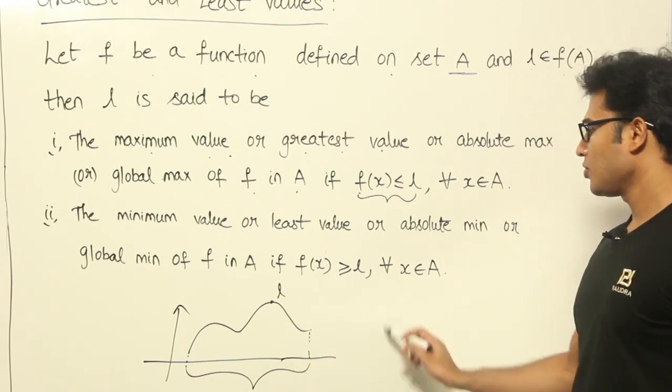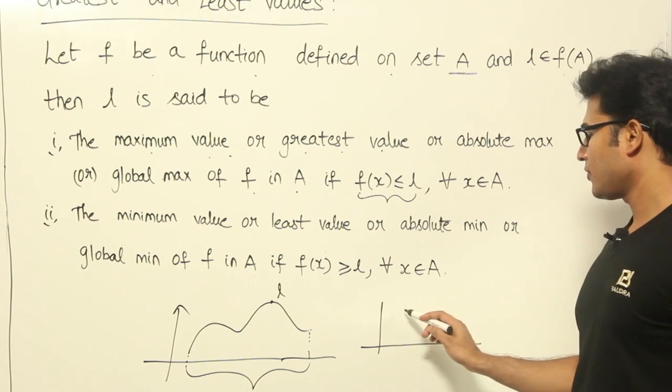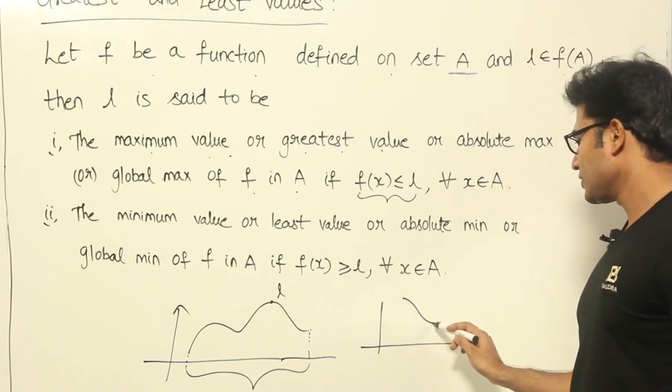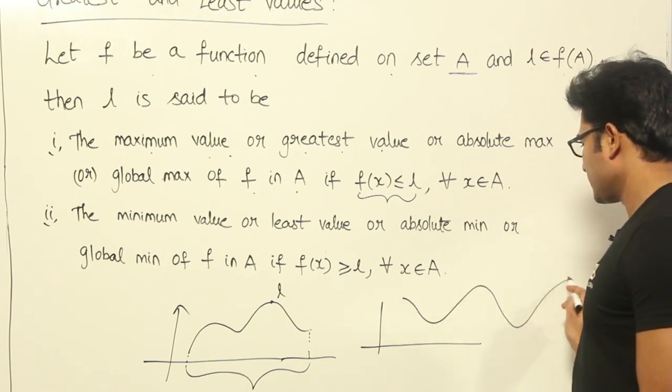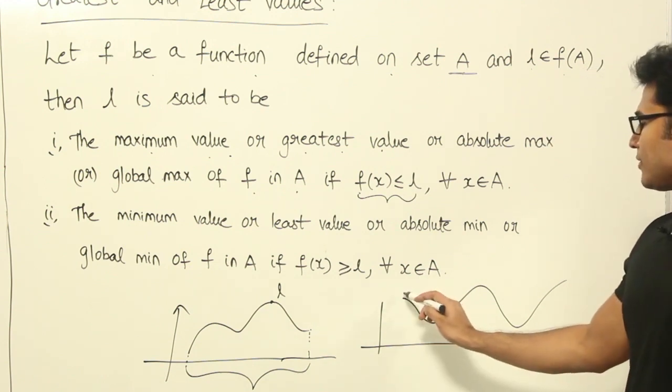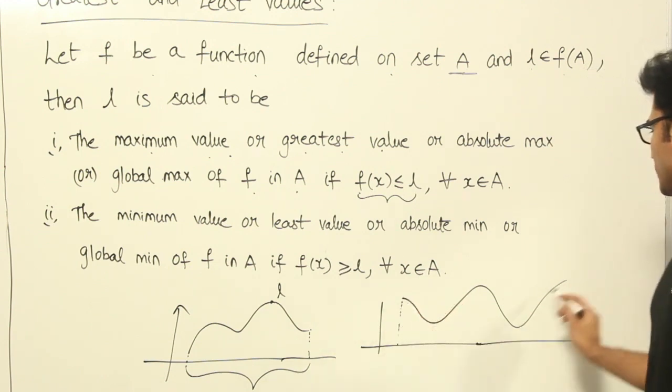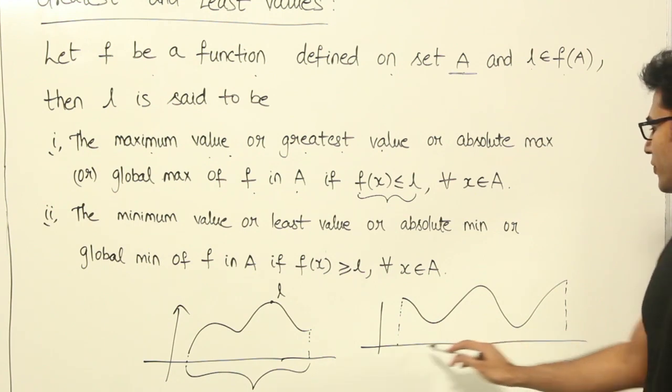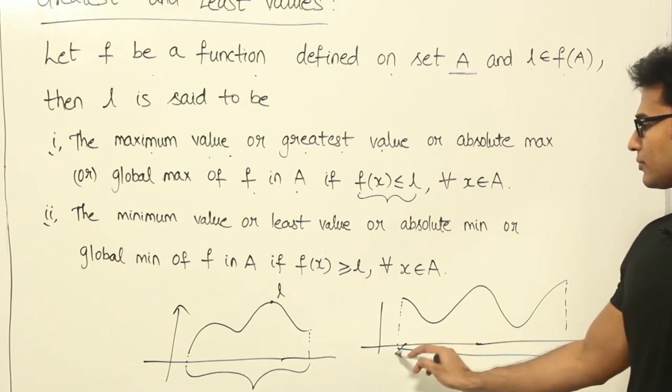And now if we talk about the minimum value, right? Let's say a function is defined like this, okay? And this is the domain of the function, which means it is defined across all the values from here to here, right?